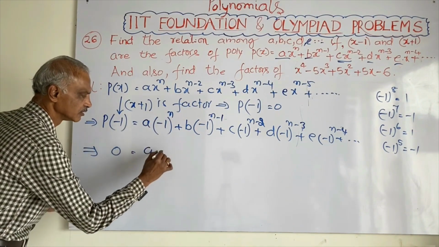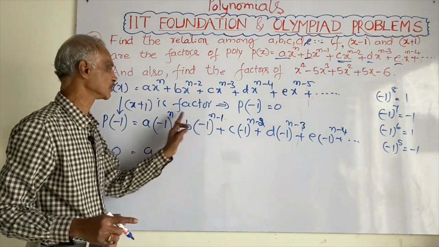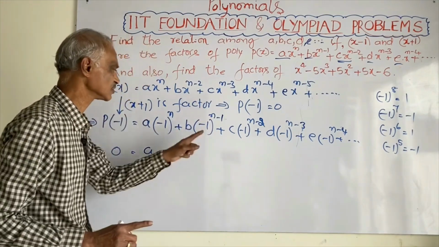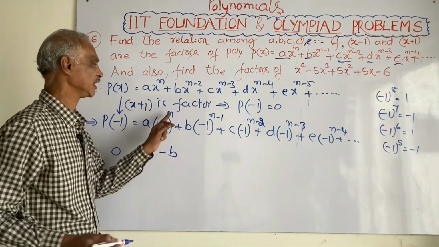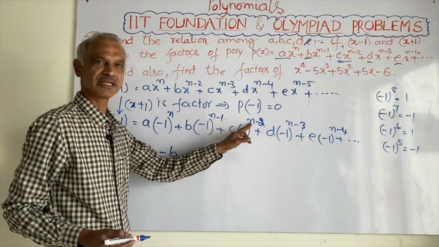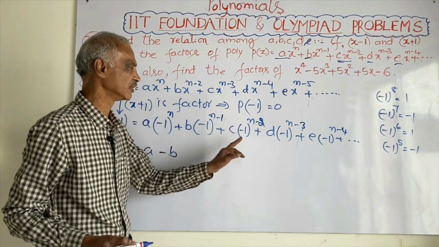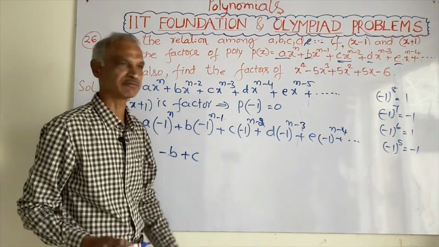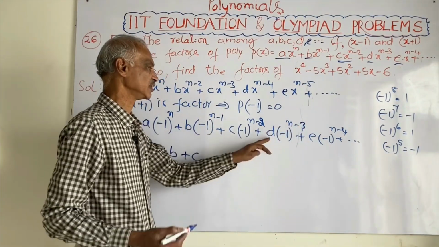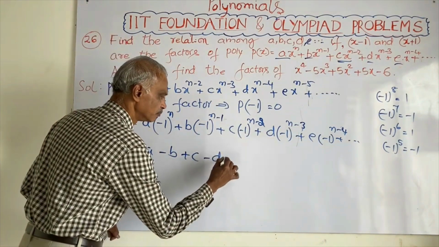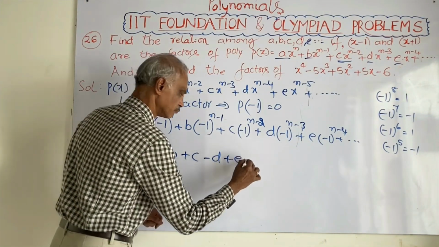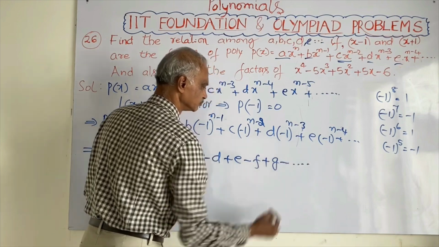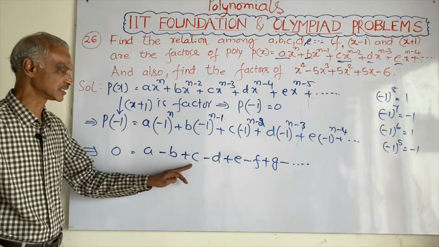1 into a. Now, minus 1 to the power of 8 minus 1 means 7. Minus 1 to the power of 7 means minus 1 only. Minus 1 into b, minus b. 8 minus 2 is 6. Minus 1 to the power of 6 is 1 only. 1 into c, plus c. And 8 minus 3 is 5. Minus 1 to the power of 5 is minus 1. Minus 1 into d, minus d. Next you will get plus e minus f plus g, like this you will get a minus b plus c.